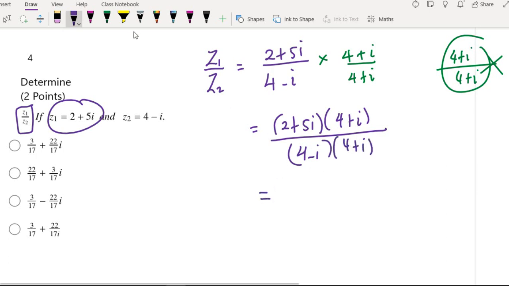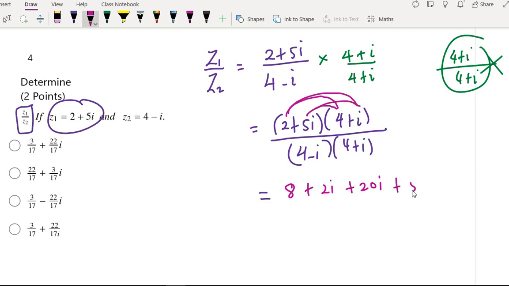Okay, the next step. 2 times 4, 8. 2 times i, plus 2i. 5i times 4, plus 20i. 5i times i, plus 5i squared. Over, 4 times 4, 16.